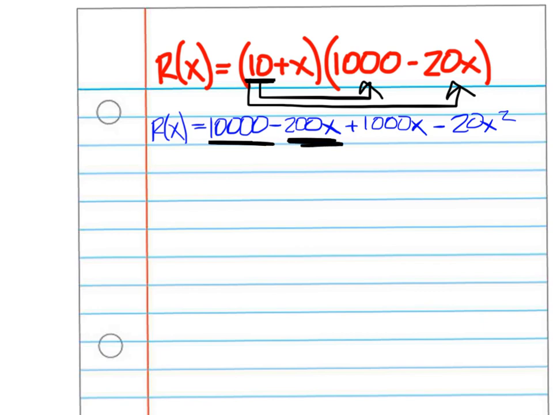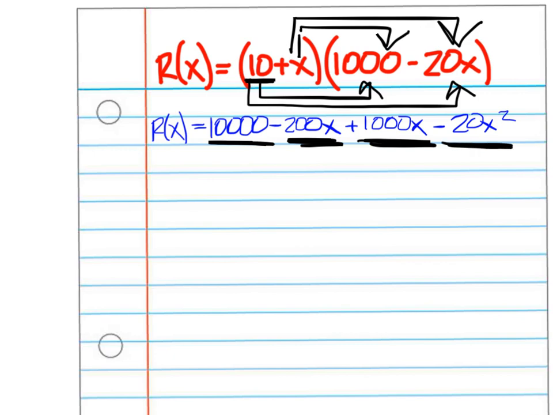That's where the minus 200x comes from. Once you are finished with the 10, you go to the x and multiply it by the 1,000. That's where the 1,000x comes from. And staying with the x, you multiply it by the minus 20x. That's where the minus 20x squared comes from.